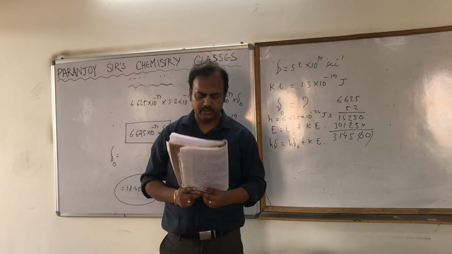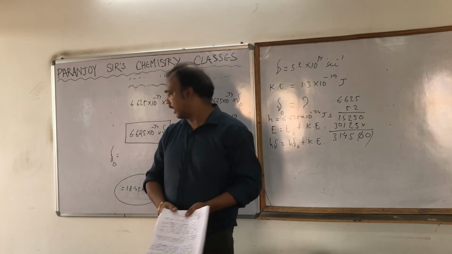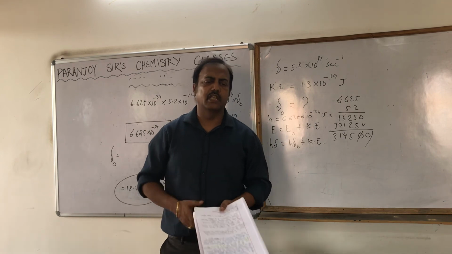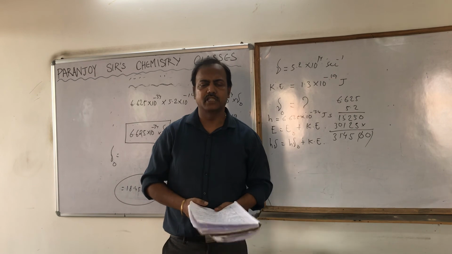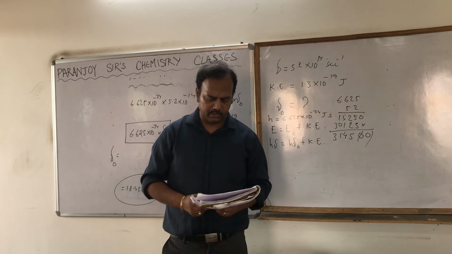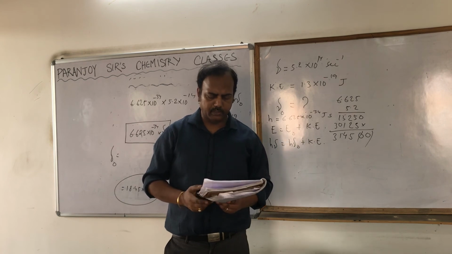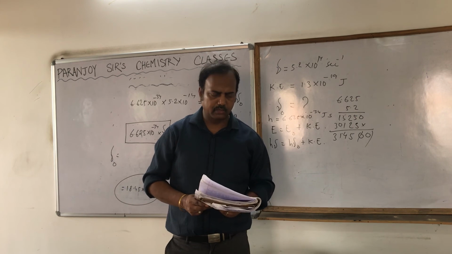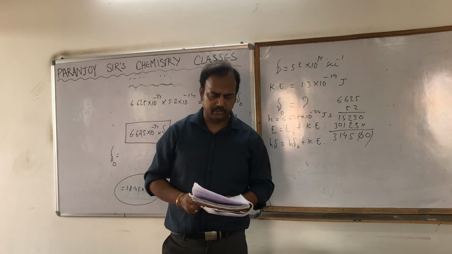And part 2: what is the maximum wavelength that will cause a photoelectron to be emitted? Maximum wavelength means lambda 0. If you get nu 0, nu 0 is nothing but c by lambda 0.